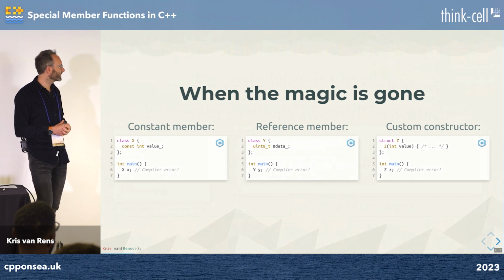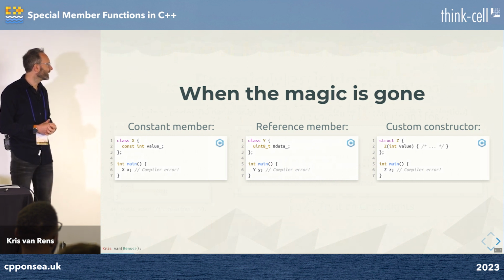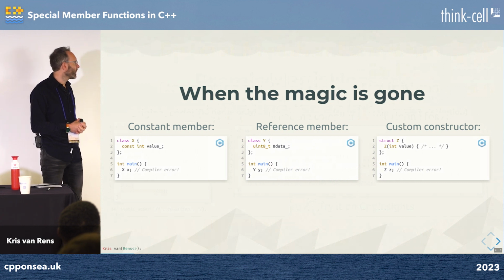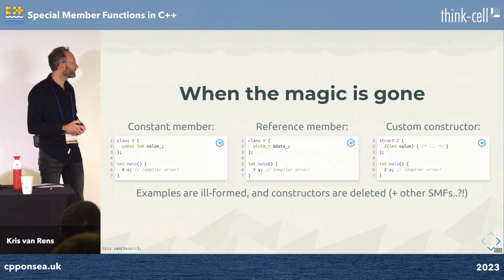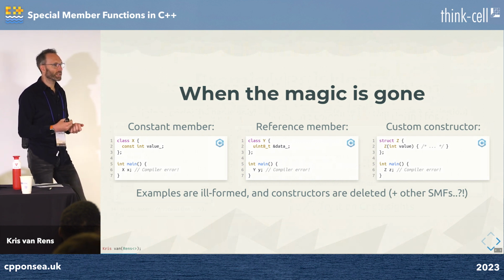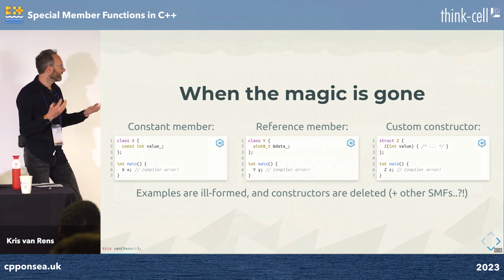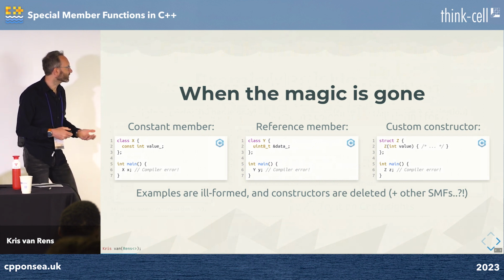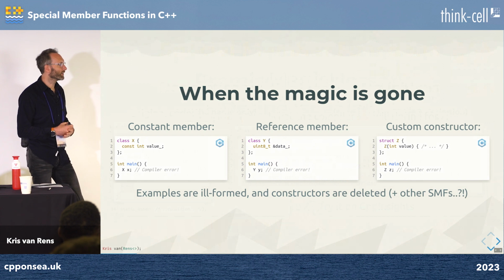So in these three examples, each of them has their own reasons why the part of the magic is gone. But at least for all these examples, it holds that they are ill-formed because the compiler is not able to generate the required special member functions for us anymore. And we will get a compiler error.